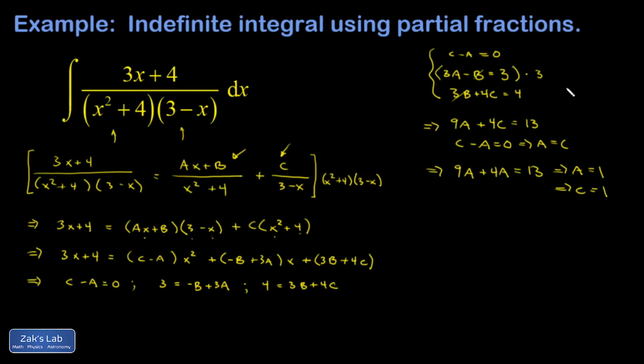Then I can go back to any equation I want that has a b in it to find b. And I'm going to go to the middle equation. I have 3 times a, which is 1, minus b equals 3. In other words, 3 minus b equals 3, which means b is equal to 0. Okay, then I can plug all this in, and my integral has been transformed.